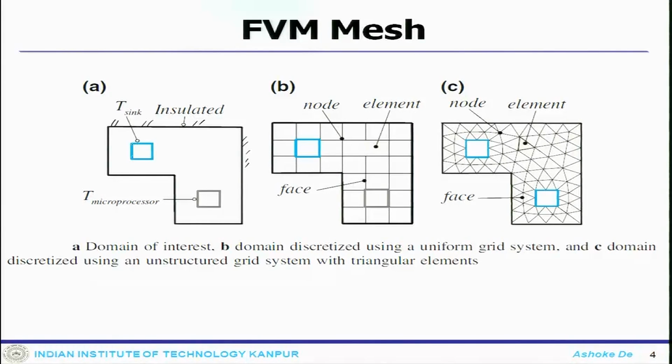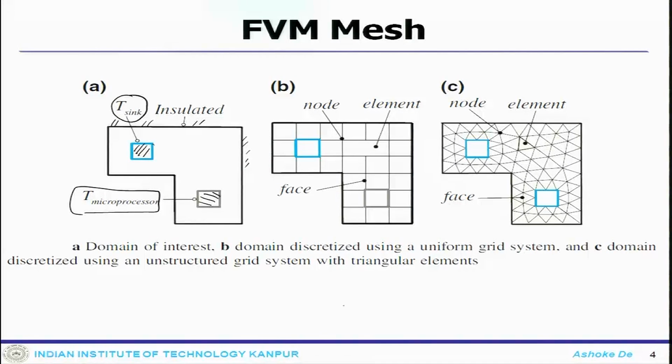And this is the patch or the zone where the temperature boundary condition has been given, which acts as a sink, and this is the microprocessor, which is actually the heat source term or heat generator, and the rest of the domain is where the temperature is going to spread or distribute.